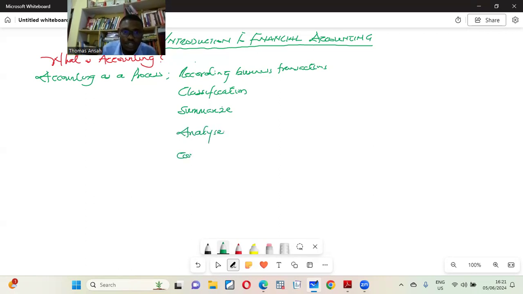That is what the whole accounting thing is about. So we are recording business transactions or financial information, classifying them, summarizing them, analyzing them, and communicating them. So this is the process we are going to go through.